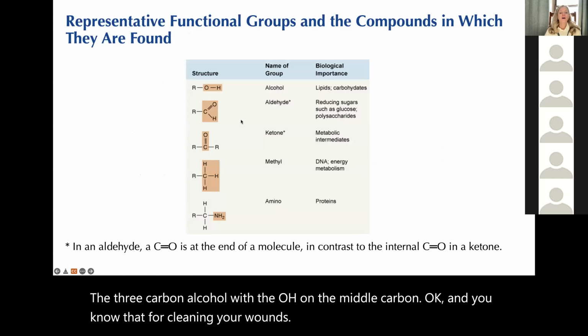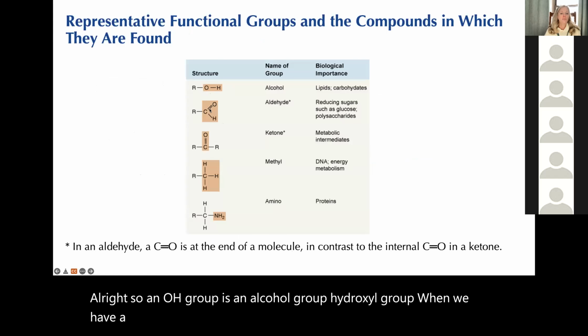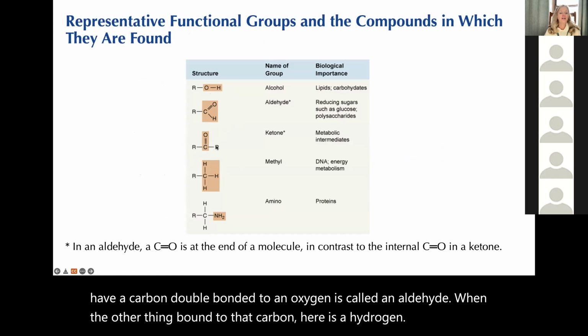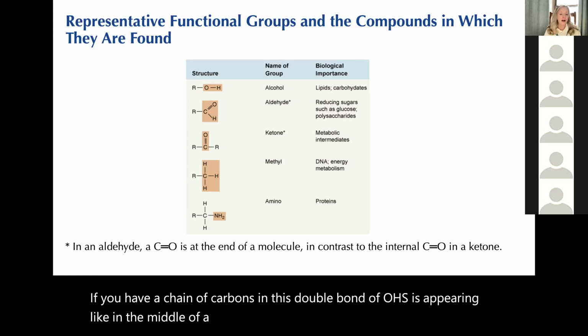So an OH group is an alcohol group, a hydroxyl group. When we have a carbon double bonded to an oxygen, it's called an aldehyde when the other thing bound to that carbon is a hydrogen. If you have a chain of carbons and this double bond to O appears in the middle of a molecule, where these R's mean carbons attached to other stuff, then it's called a ketone.